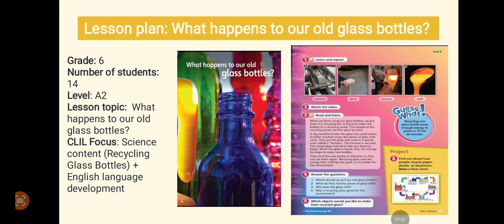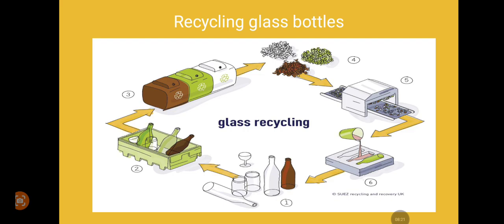We may see a text about recycling our glass bottles, plus English language development. You may see pictures of it. You can see some new words related to content and steps in this. I will explain now.